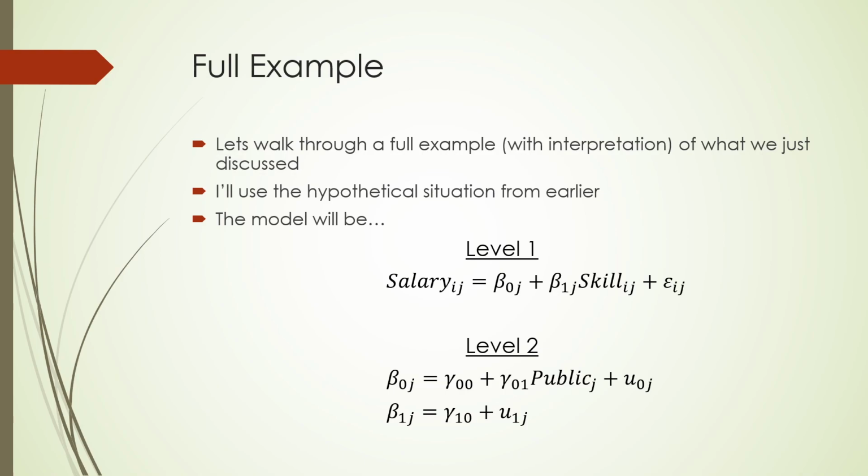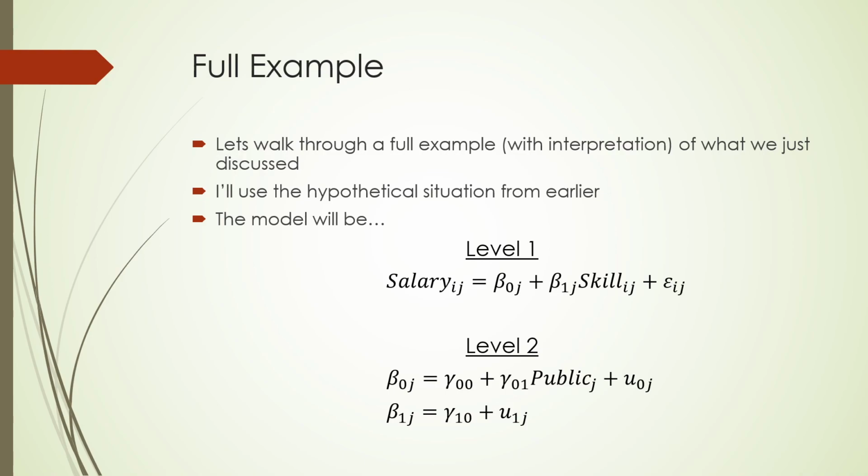Now, it's important to be able to read this level 1 and level 2 model, understand how this is, in fact, constructed and what this is saying. So reading through the level 1 model, salary equals beta 0j plus beta 1j skill plus epsilon sub ij tells me that I have an intercept and a slope, and I'm looking at least at the individual level, the relationship between an individual level skill and the individual level salary.